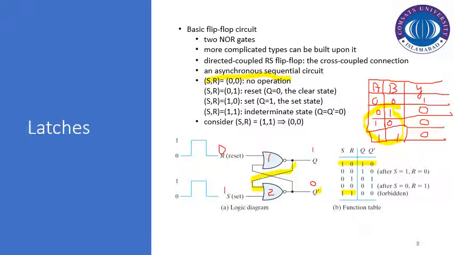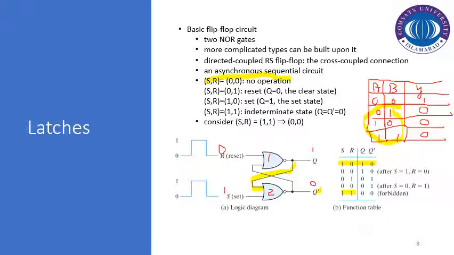I am assuming that the latch is already in the set state, and I have applied S equals 1 and R equals 0. So how are the outputs generated? This 1 is being fed back here, so 1 and 1 input is applied here, so the output of Q prime goes to 0.